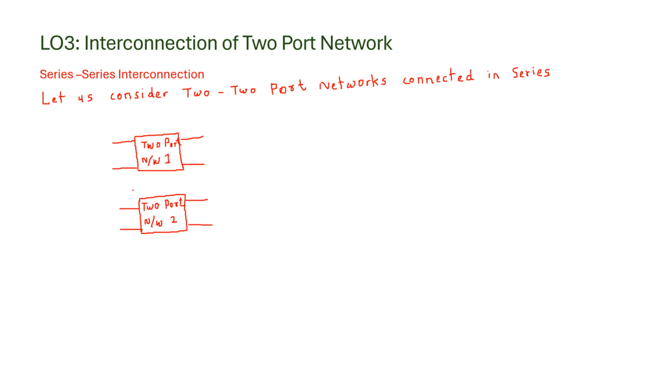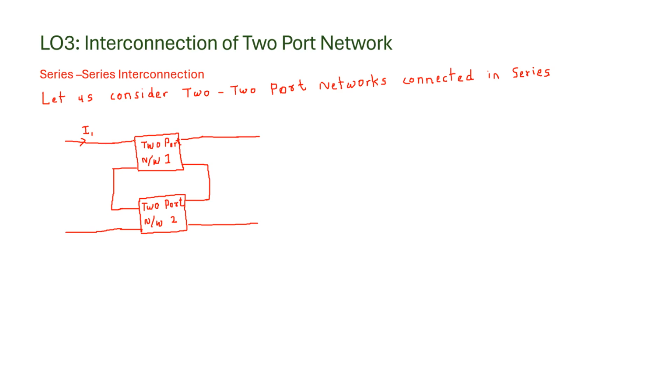Now these two networks are connected in series. How are they connected? When we say they are connected in series, in the sense that the current is same. So let us have this connection, and you can draw this like this. Now the current is same. As I said, I1 is flowing here.